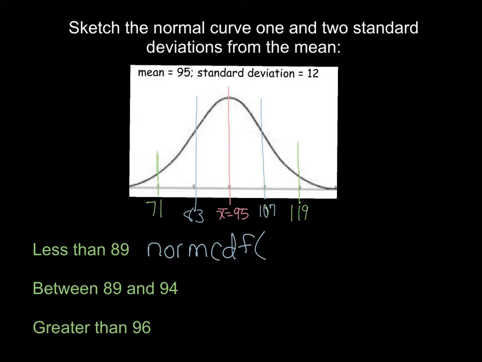In your lower bounds, you type in anything that's a lot less than 89. So let's say negative 999. In my upper bound, well, it's less than 89, so 89 is my upper bound. My mean was given to me, that was my 95, and my standard deviation was 12. You type all of that in, and then you press paste.